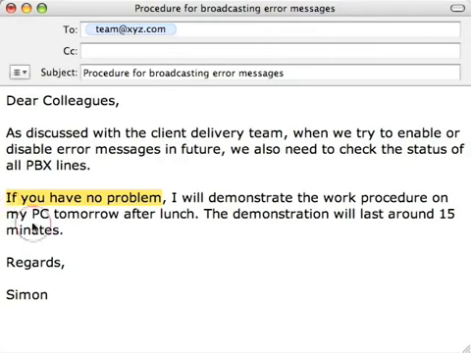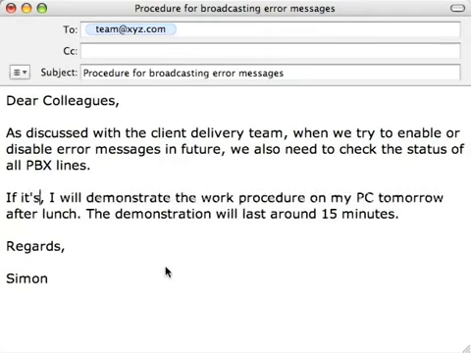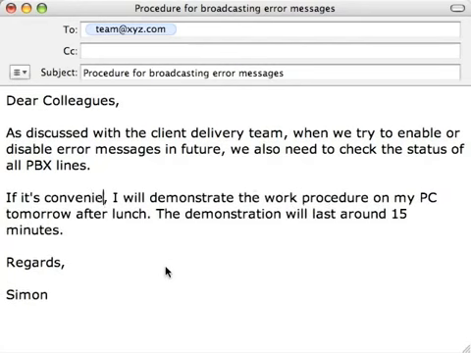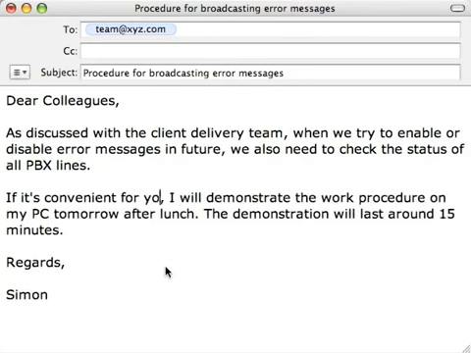So, we can say something like, if it's convenient for you, to emphasize the writer's willingness to cooperate. And with those changes, I think we've made Simon's email a lot clearer, stronger, and more effective. So let's hit send and get this message out to his colleagues.